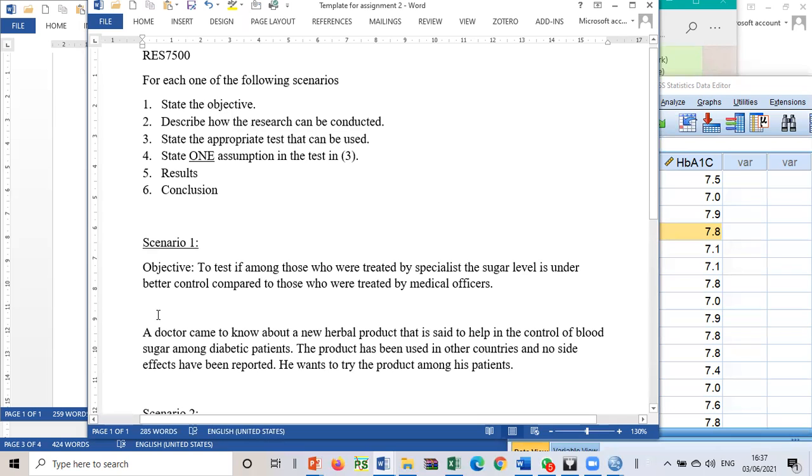How do you conduct the research? Right? The research method, let's put method. Okay, method.